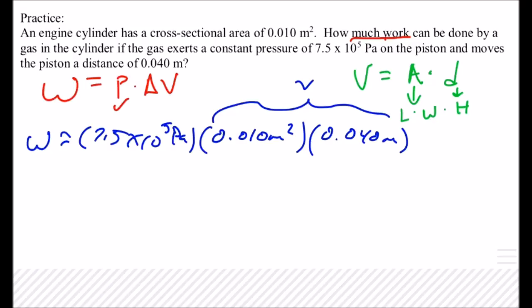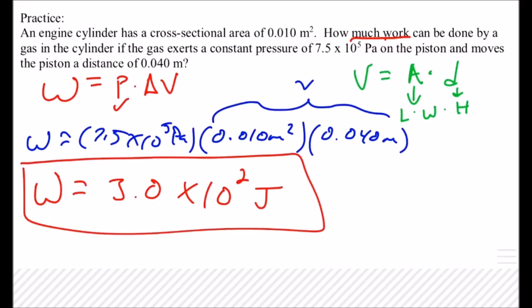And we can figure out also how many sig figs we need to have in our answer. If I'm looking here, it looks as though we've got 2 sig figs in all of our given information. So, coming up with 3.0 times 10 to the second. And what would the unit be for work? Hopefully you said joules. Okay.